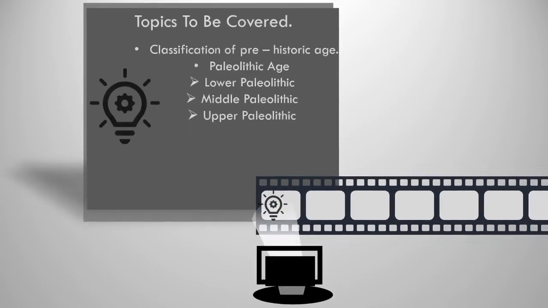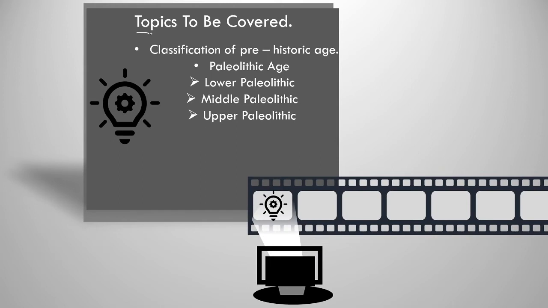Okay, so let's begin. First things first, you have to see which topics we are going to cover. We're going to cover two main topics and three subtopics. The first topic is classification of prehistoric age. We have prehistoric age and we are going to classify it into different ages.